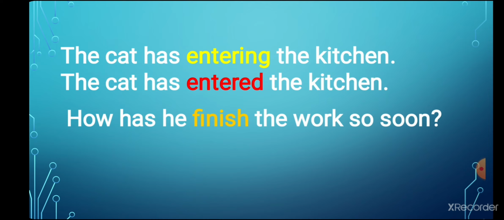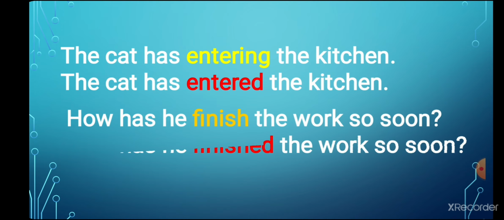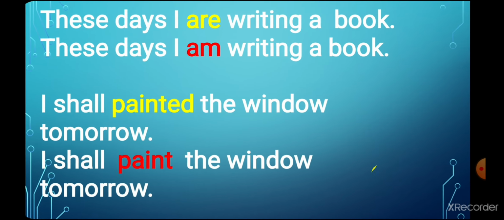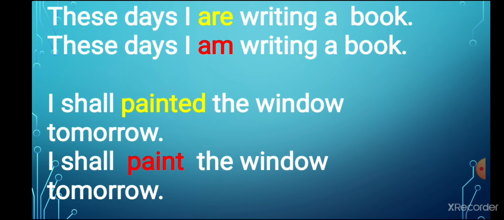The next one, students, how has he finished the work so soon? So finish is wrong here. It should be finished. So here how can we write? How has he finished the work so soon? The next one, these days I are writing a book. Again, are is wrong here. It should be am.